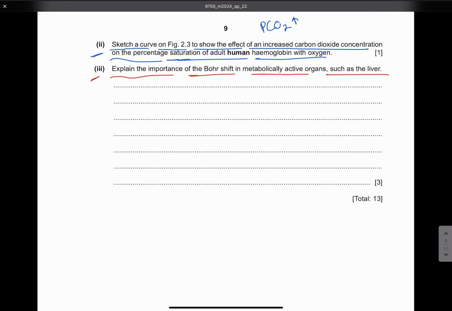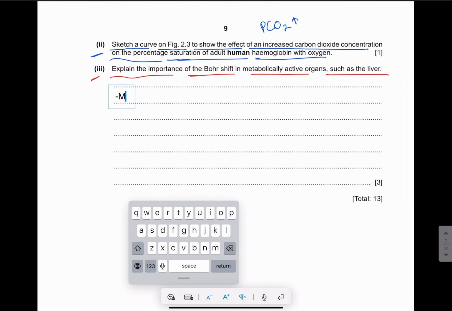So over here we will write that metabolically active organs such as the liver produce high concentration of carbon dioxide.